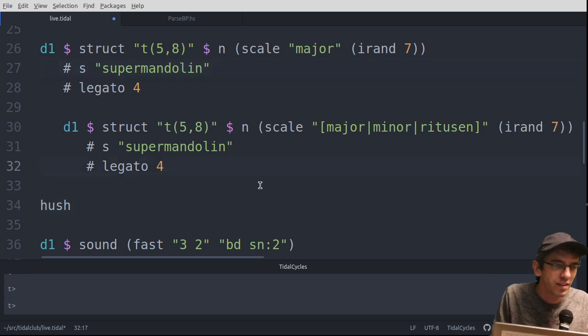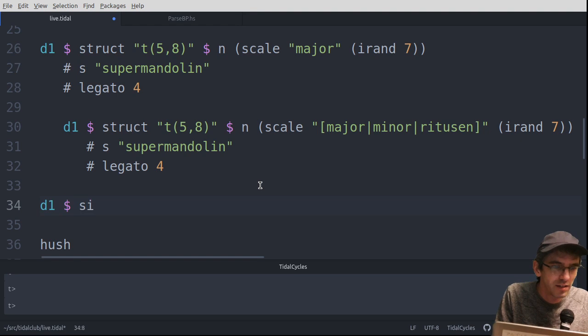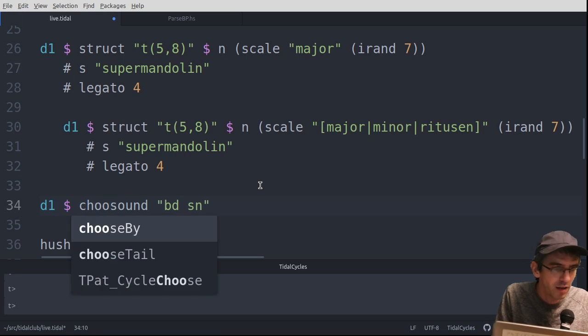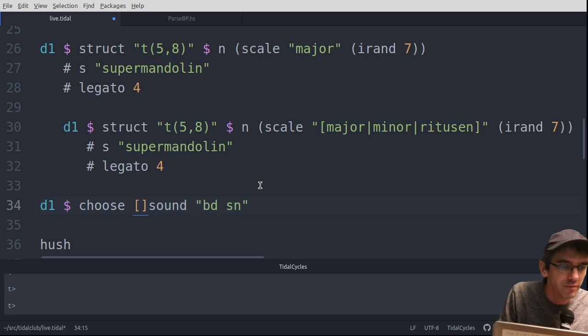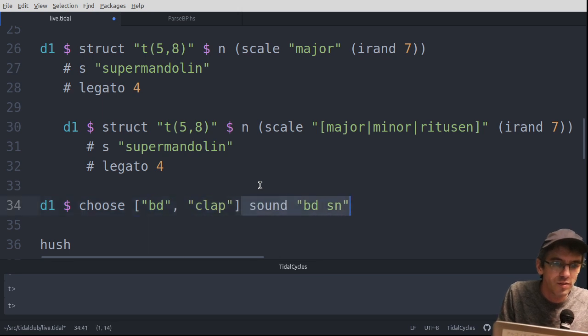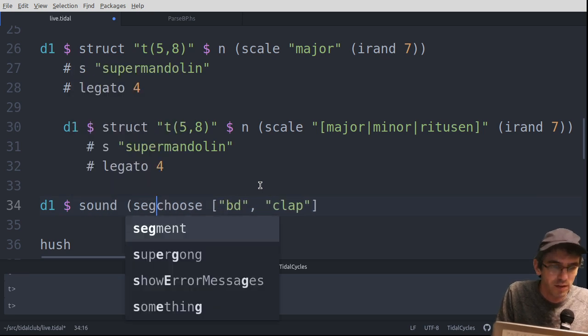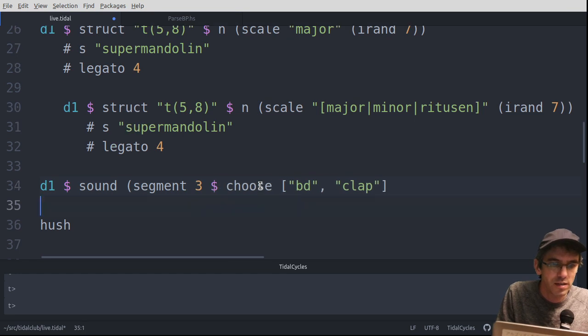So a good example is things like open and close brackets need to be aligned. So if I had choose, let's do sound segment 3.